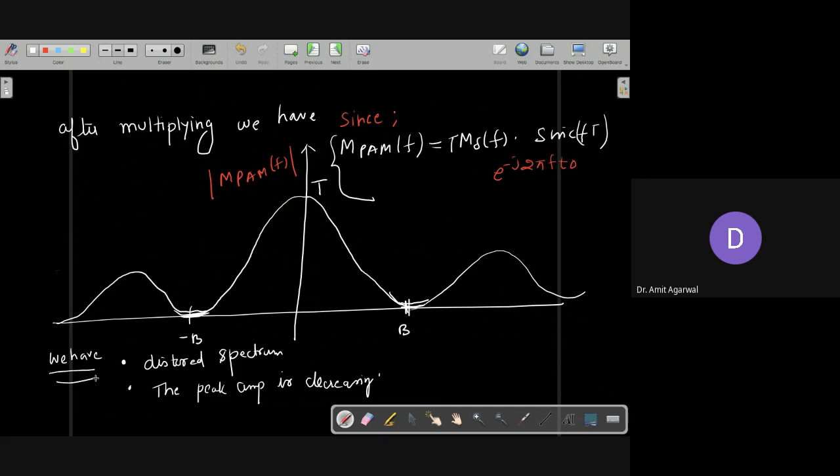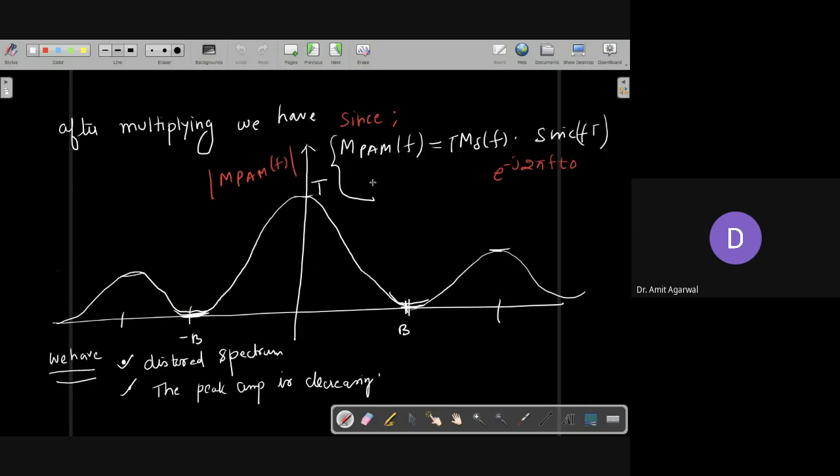After observing the spectra of your PAM signal, you can make note of 2 points: that the spectrum is distorted and the peak amplitude is decreasing. Do you agree?